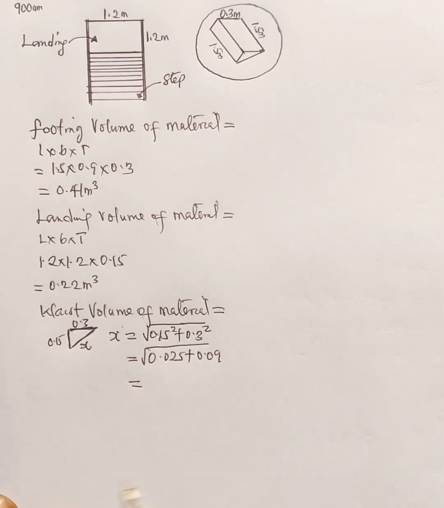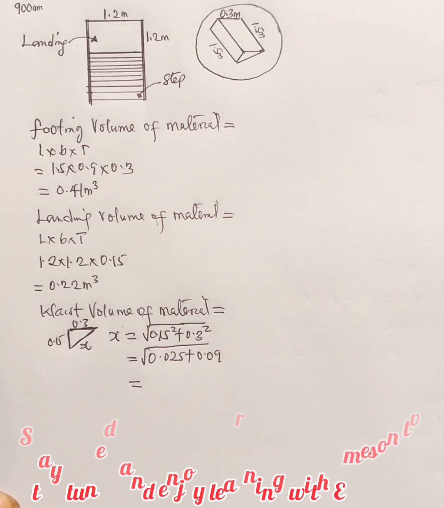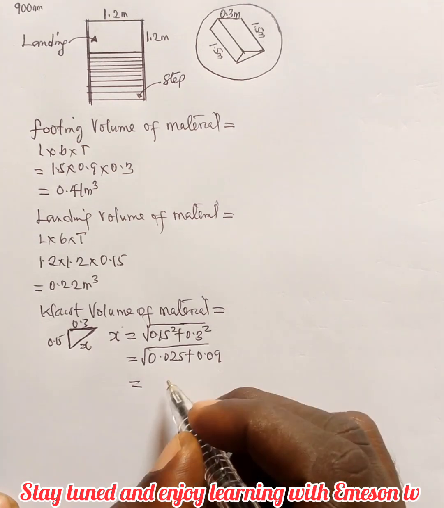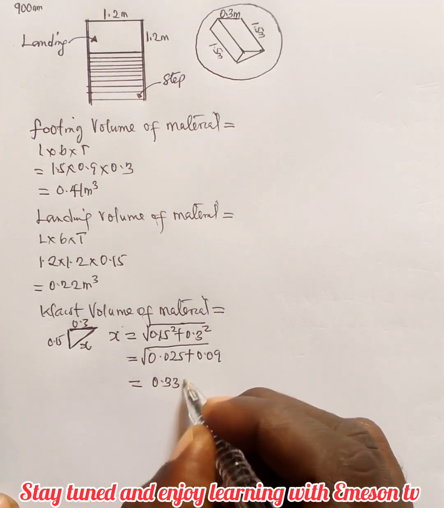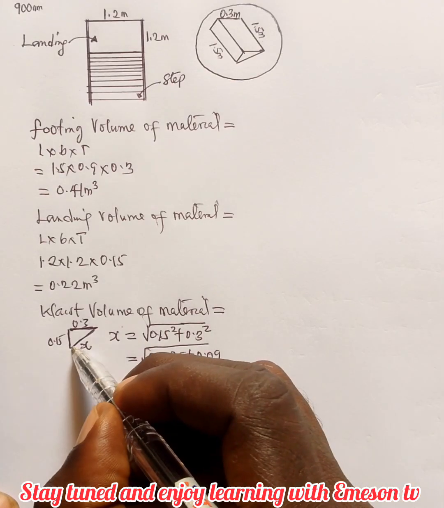Let's add this and take the square root. So we're having 0.335 meter. That is from here to here.